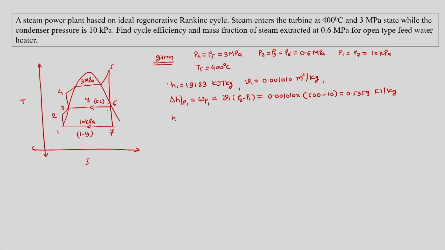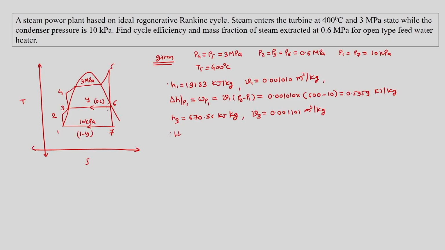Now we can find H3, which is the liquid saturation enthalpy at state 3, or 0.6 megapascal, and H3 is equal to 670.56 kilojoule per kg. Similarly, specific volume at state 3 is equal to 0.001101 meter cube per kg.